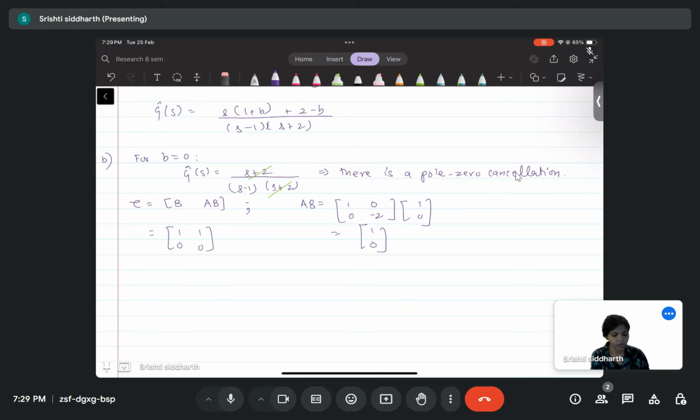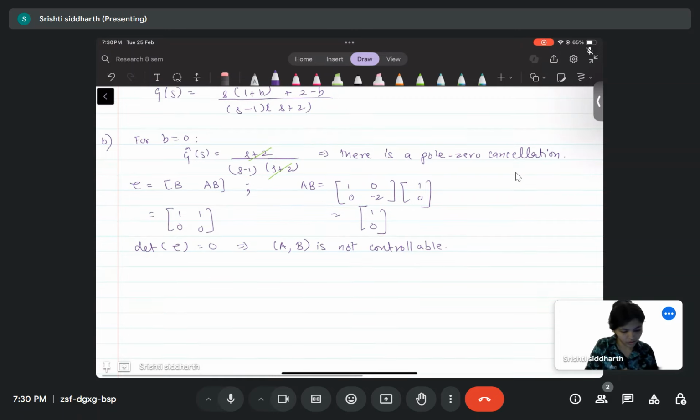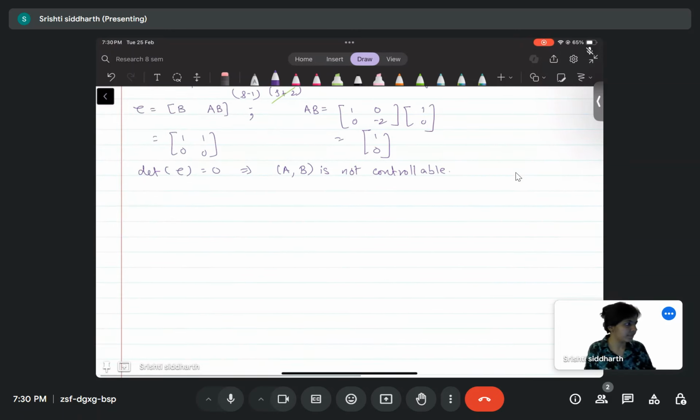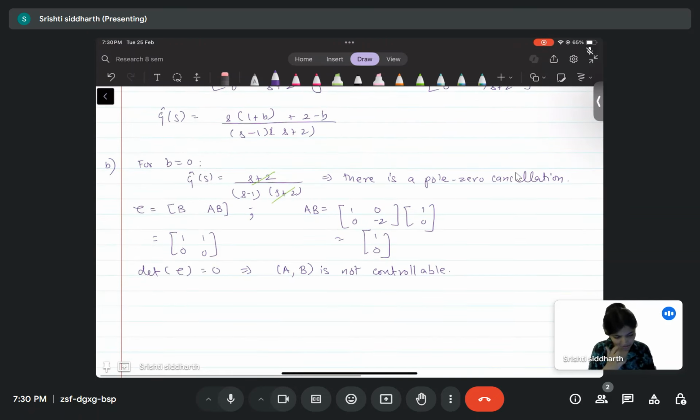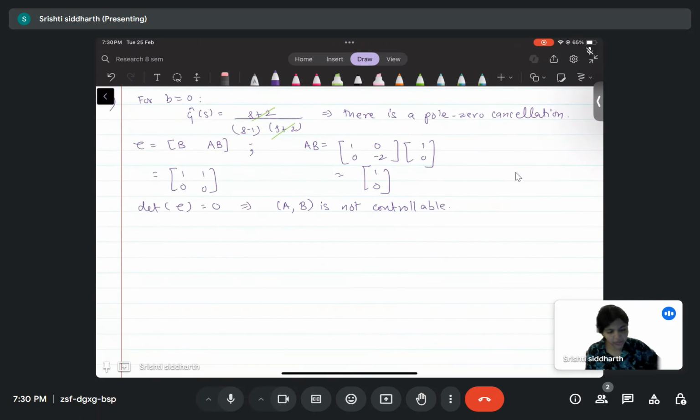See that the two columns are exactly equal. Or the determinant of C is also 0, which implies that the pair AB is not controllable. So for b equals 0, there is a pole-zero cancellation and the system is uncontrollable. This tells us how the pole-zero cancellation affects controllability of the system.